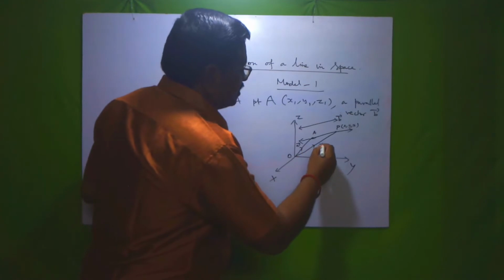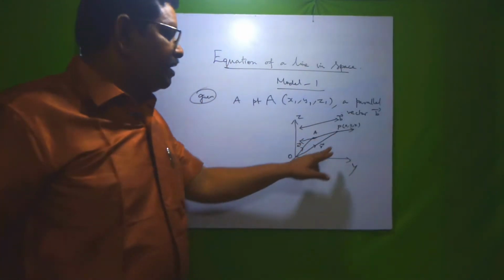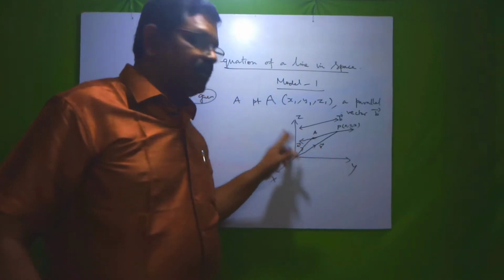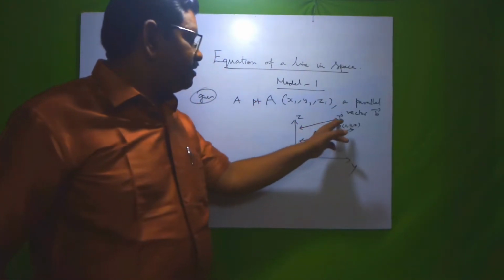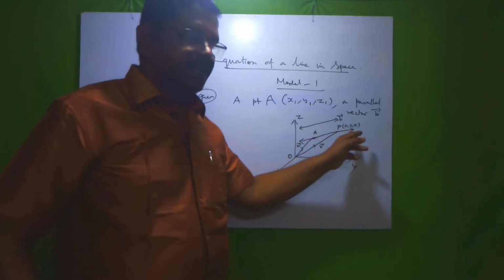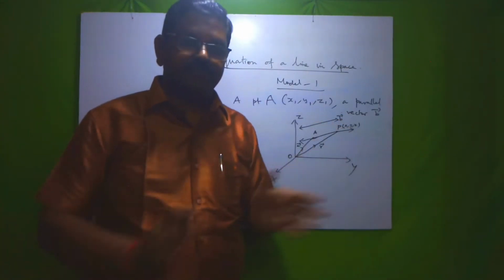Say this is R vector, position vector of point P is R vector, position vector of point A is small a vector, and here this vector is parallel to the required straight line AP vector.